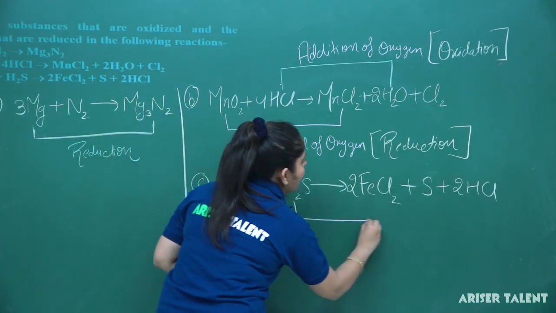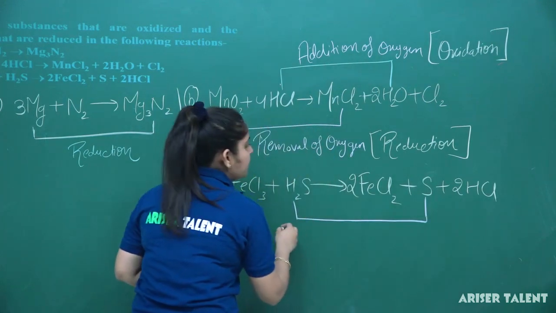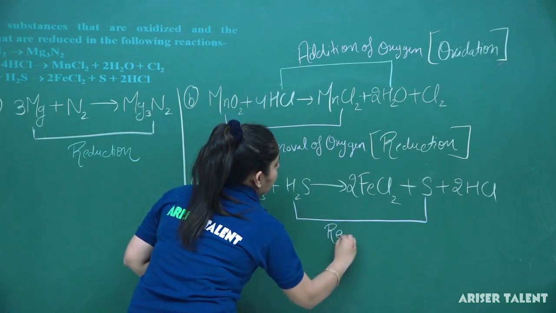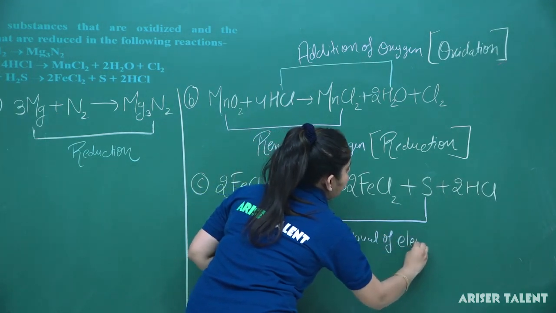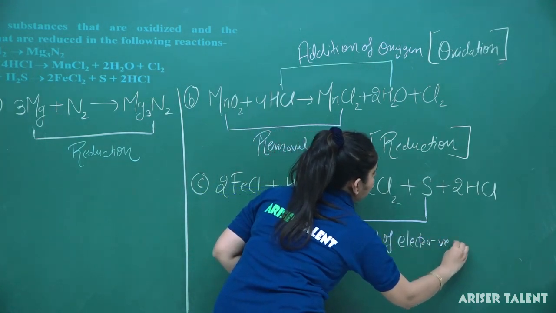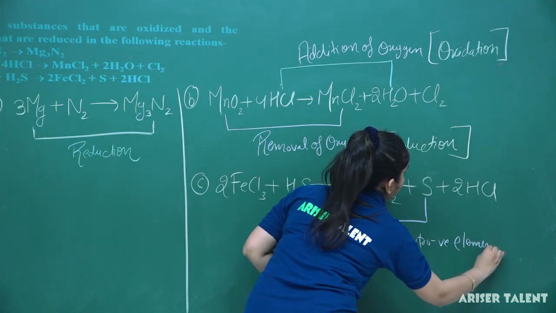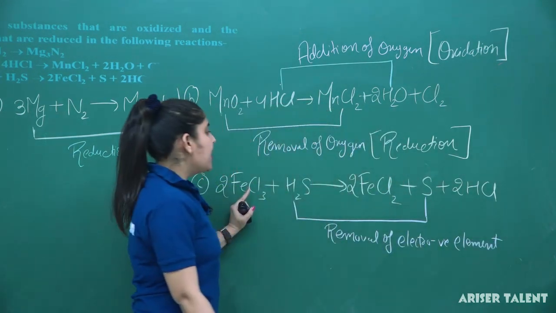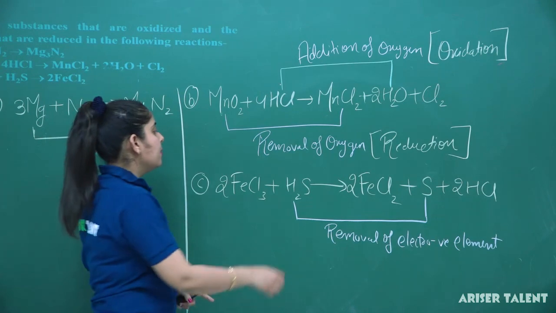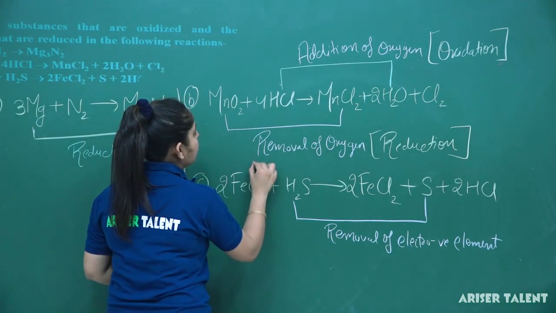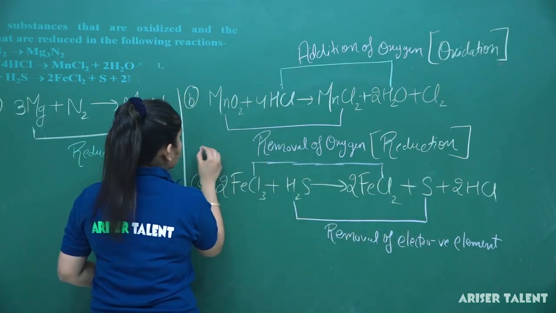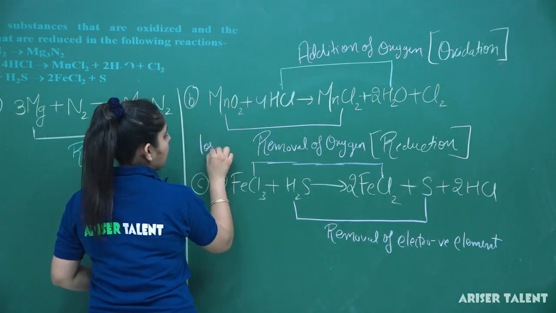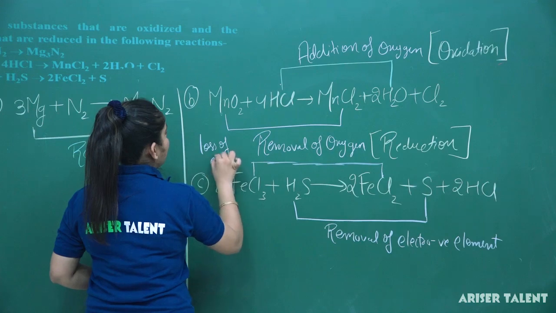So in this case, what is actually happening here is removal of electronegative element. And what is happening in case of the FeCl3? There will be the loss of electron.